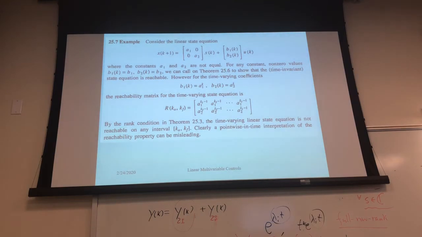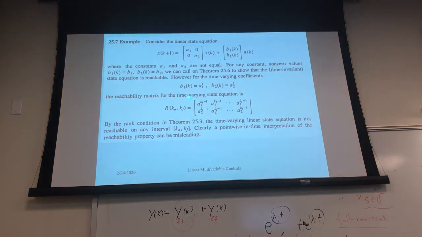So the first example is a linear time varying system. You have A1, A2 diagonalized. We assume that B1, B2, A1, A2 are not equal, they are not zero, and we have B1, B2 as A1 to the power of K, A2 to the power of K. So these are discrete time systems.